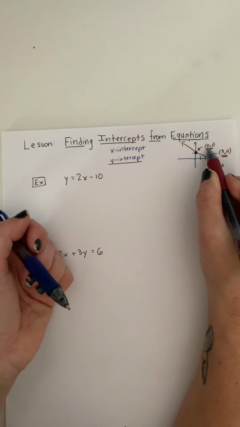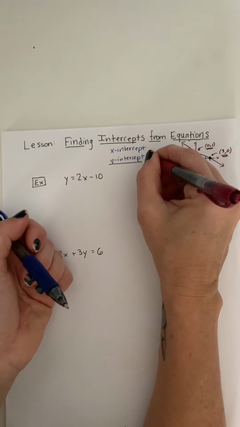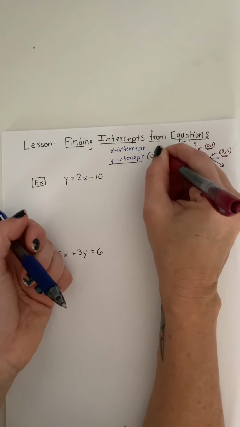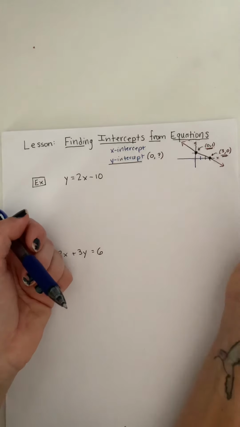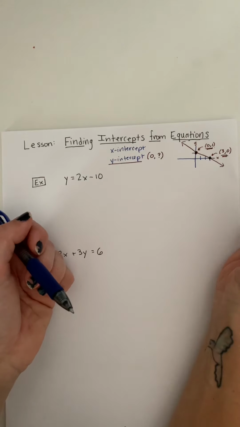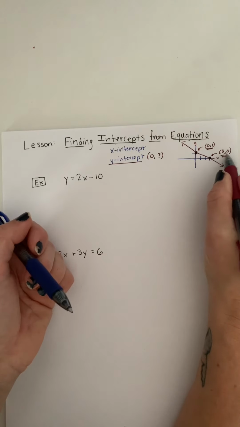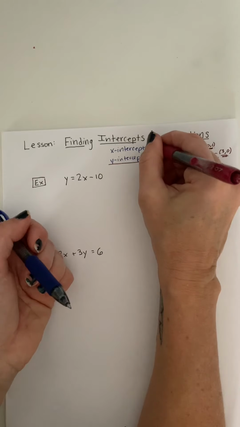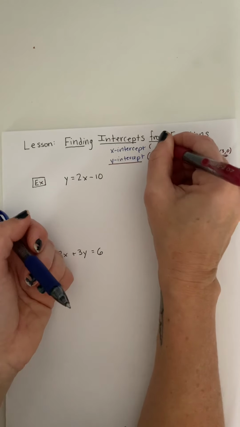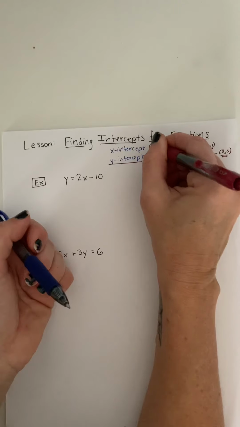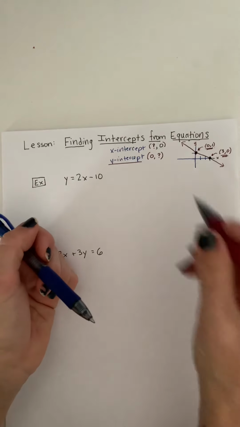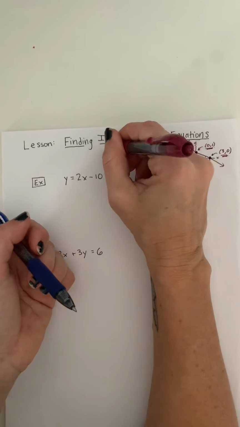Well, it's the x. So for y-intercepts, the x is 0 and the y is something we're going to find. And for the x-intercept, which one's 0, the x or the y? Well, it's the y. So for the x-intercept, the y is 0 and the x is the number we're going to find. This is a big deal.